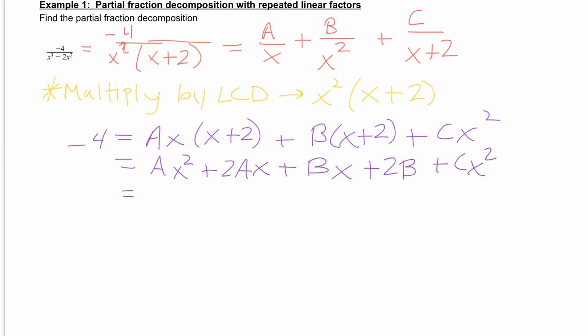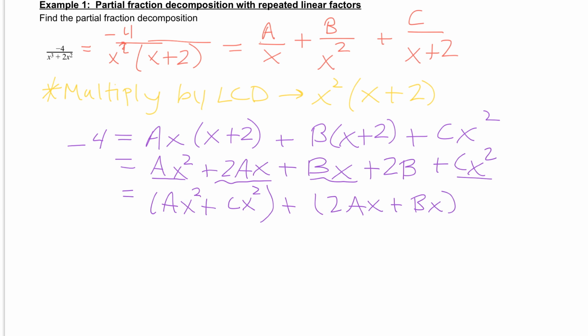So if I look for my x squareds, I have Ax squared and Cx squared. So let's group those together. Ax squared plus Cx squared. Then I'm going to group together my x's, which are these middle ones here and here. And I get 2Ax plus Bx. And then my constant, which is just 2B.